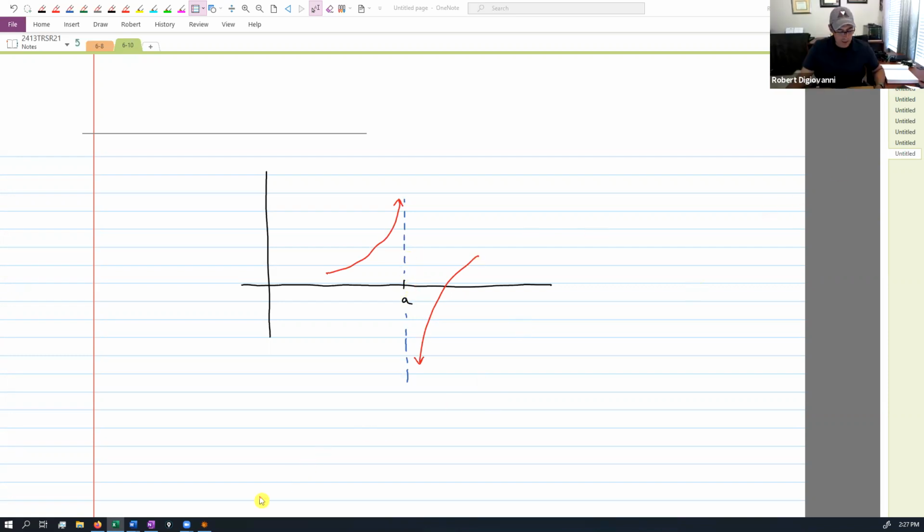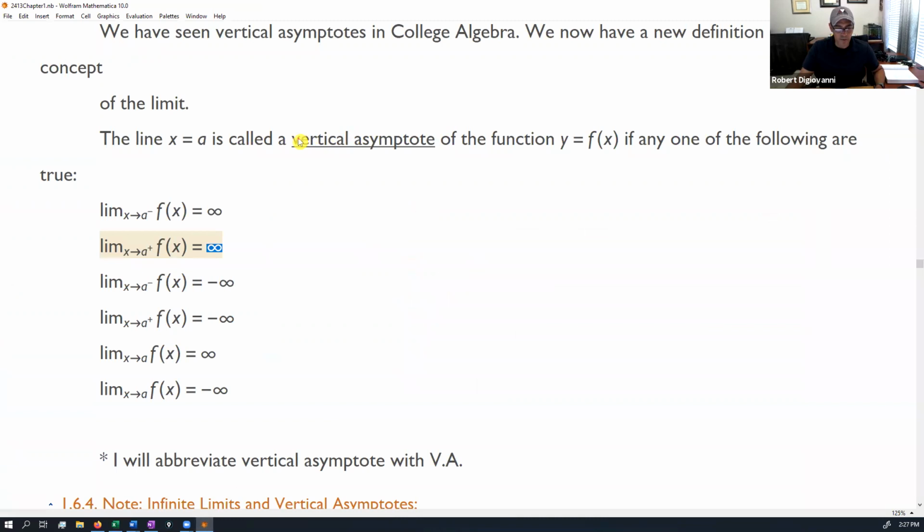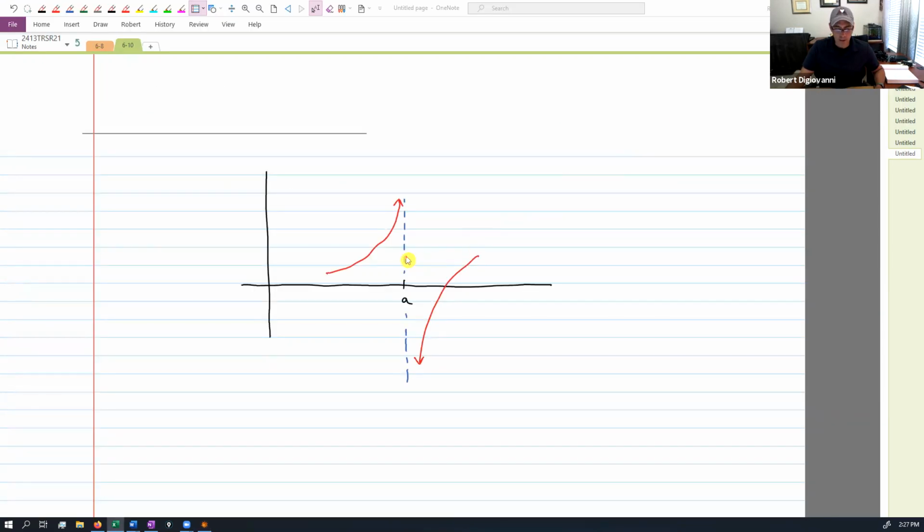So if we look at the definition of a vertical asymptote, to say that x equals A is a vertical asymptote, that happens if any one of the following are true. All we need is that when you approach it from one side, it goes to infinity or negative infinity. So here you have more than you need. It's actually from both sides.